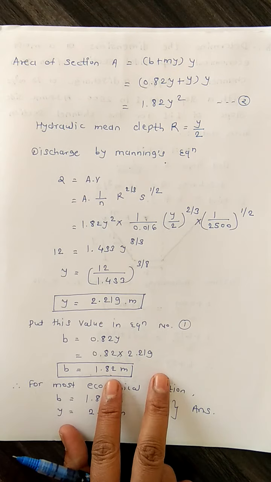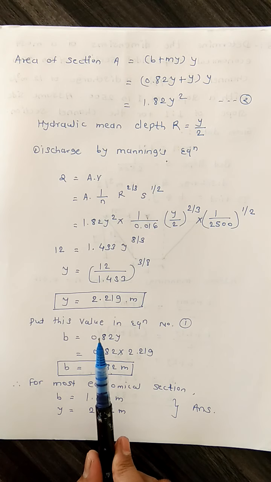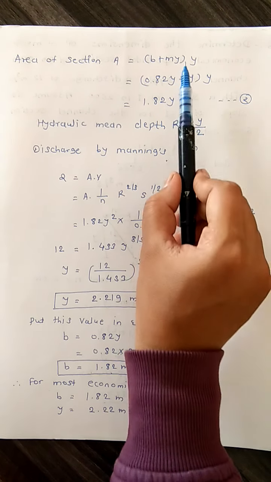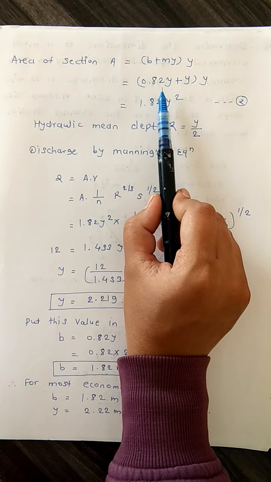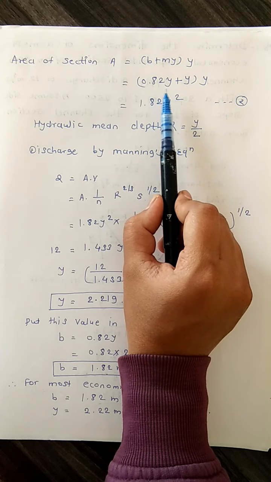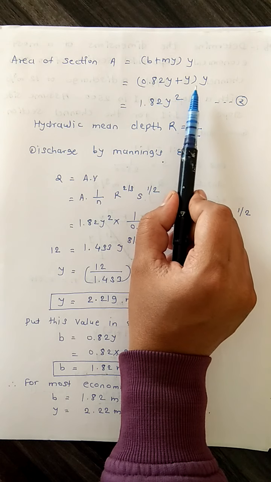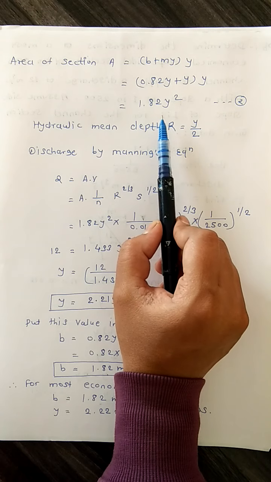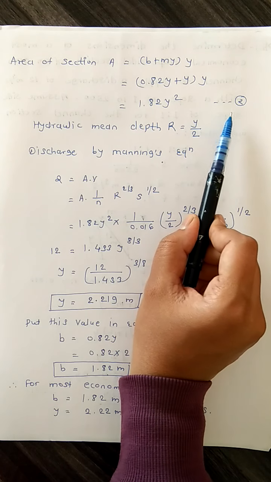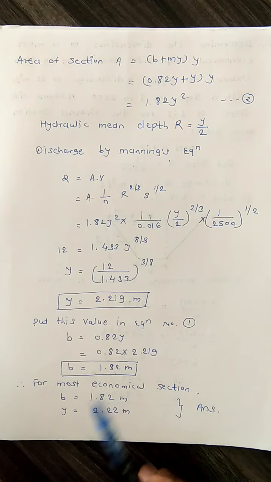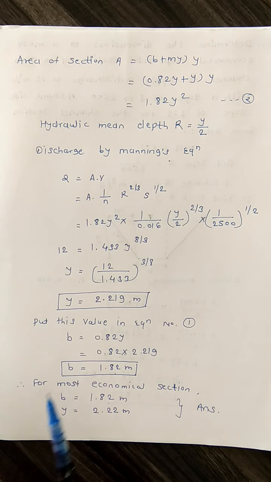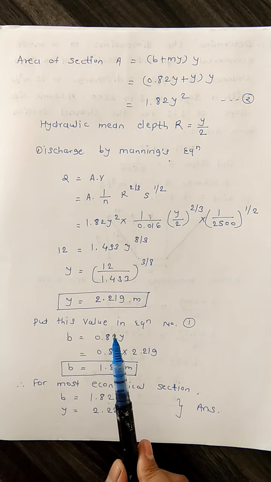Now moving ahead, we calculate the area of section, which is given by the formula b plus my into y. Okay, we put here the value for b that we calculated in the previous equation, 0.82y plus y, into y. After solving this equation, we get area of the section is 1.82y square, which is our equation number 2. So we assume here hydraulic mean depth equal to y by 2. Okay, so discharge by Manning's equation is given by Q is equal to AV.